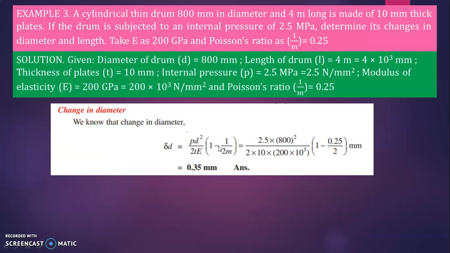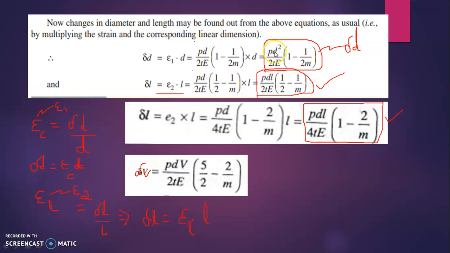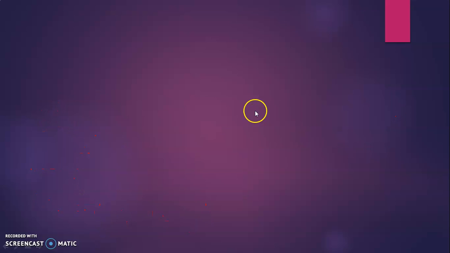Now we calculate first the change in the diameter. As I told in the theory, change in the diameter is given by this formula, PD square divided by 2TE into 1 minus 1 divided by 2m. This I have told, right? Directly you can use this formula.